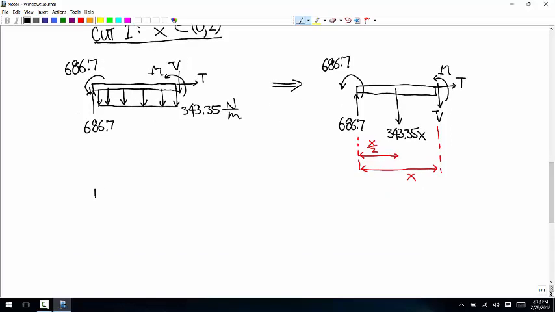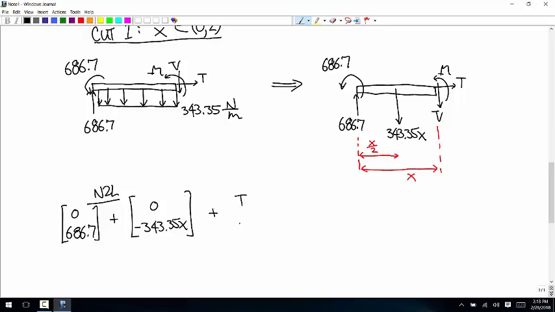Okay, so now Newton's second law says 0 equals 686.7 plus 0, negative 343.35x plus p negative v is equal to zero.